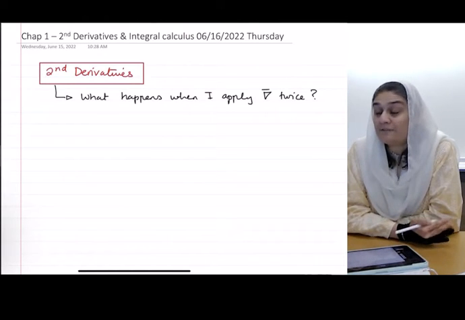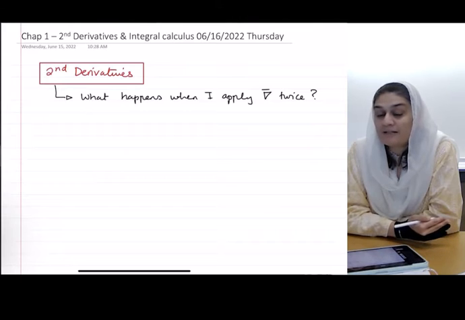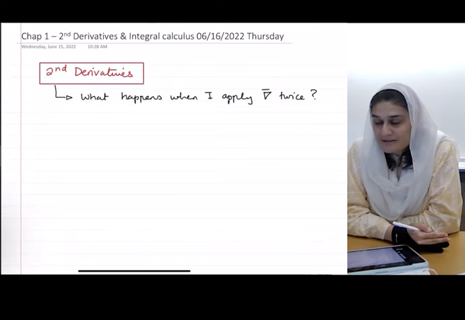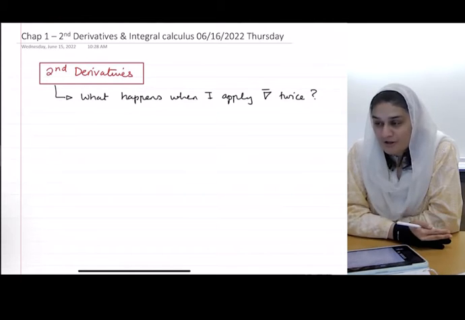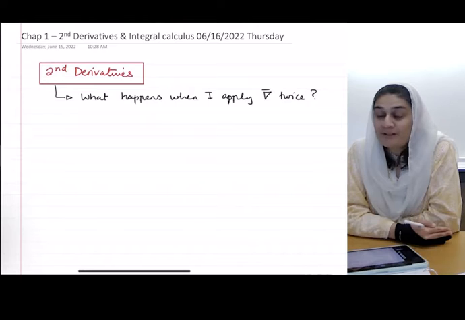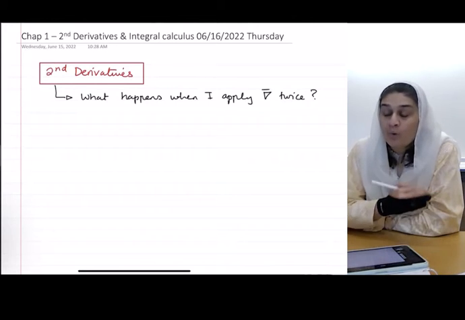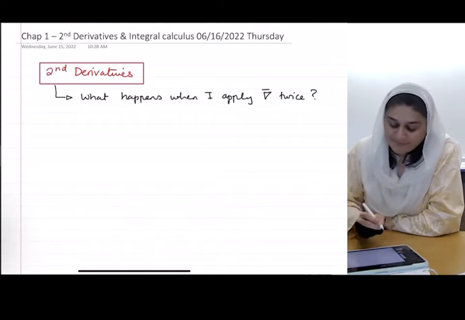When we applied the first derivative, we got gradient, divergence, and curl. Now when I apply it again, what do I expect to happen?